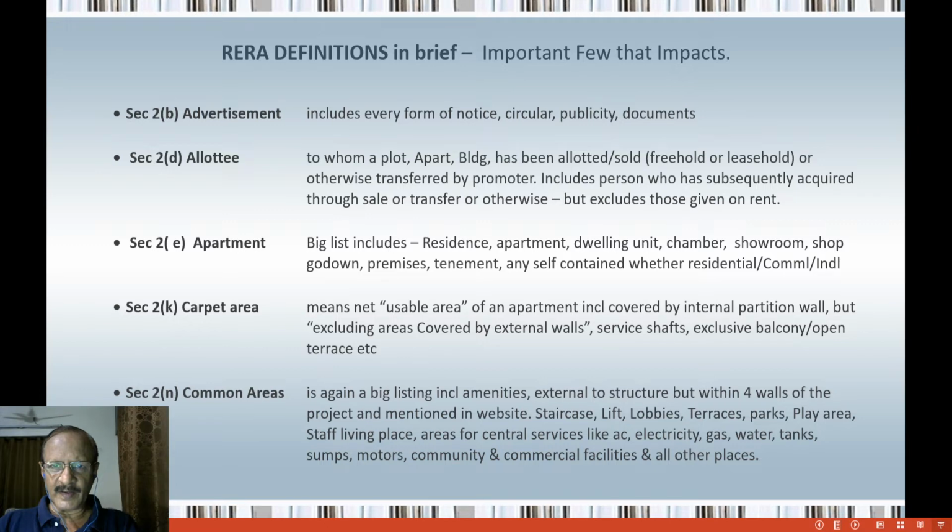If somebody, management staff or anybody, is going to stay there, those areas also will be covered as common area. Installation of all central services such as electricity, gas, water, sanitation, air conditioning, and incinerating system, for water conservation, renewable energy, everything will be covered. Water tanks, sumps, the motors which are occupying some area, will also be common area. All community and commercial facilities as provided in the real estate project, and whatever is required for maintenance of the project, everything will be covered under the common area.